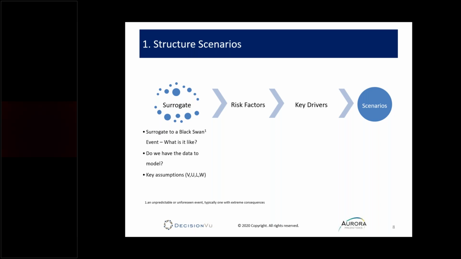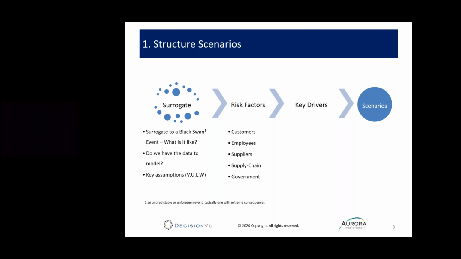An L, where we go down and then we kind of just meander for a long time. That's more like the recovery that we had after the 2008 recession. And then a W, we go down, we come up. There's a relapse, the virus resurges, we go down, we go up again. So these are the things that you're going to have to think about when you structure your scenarios.